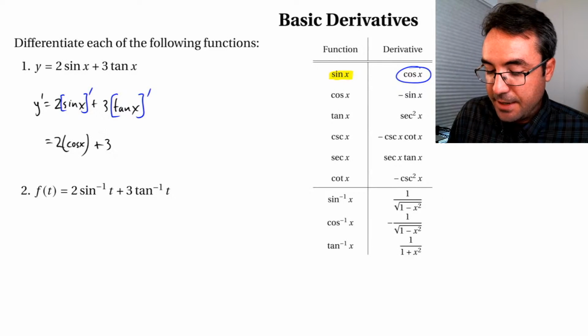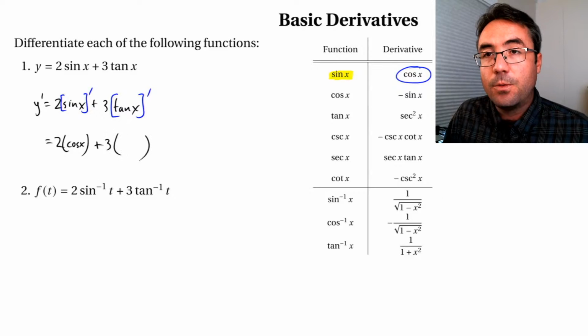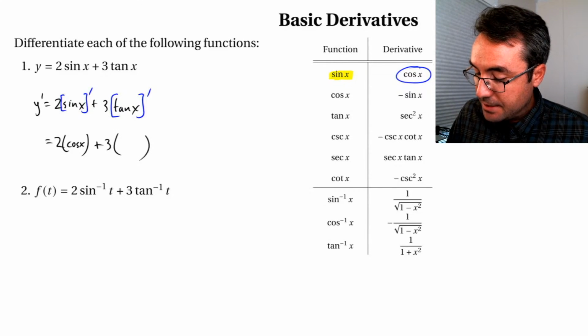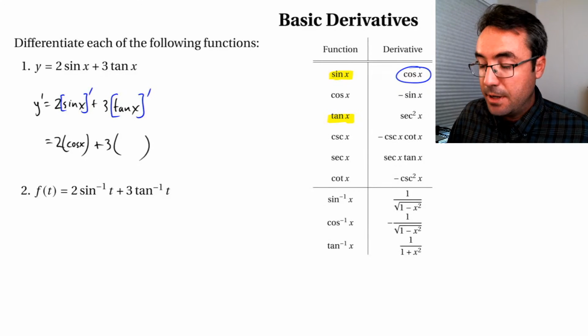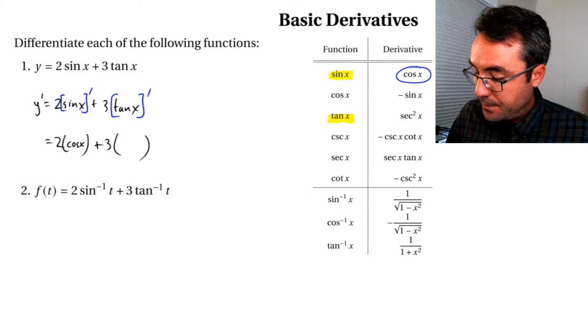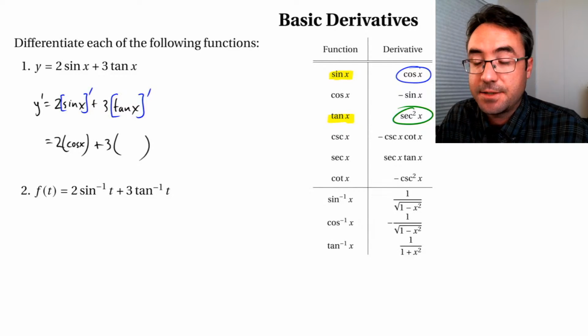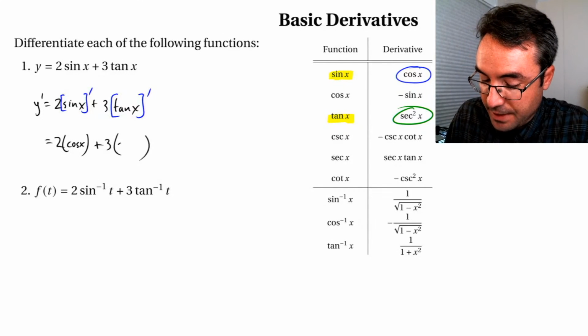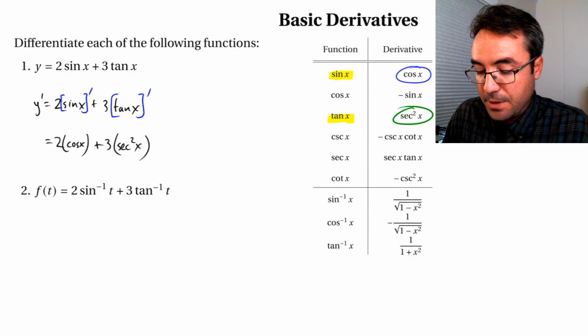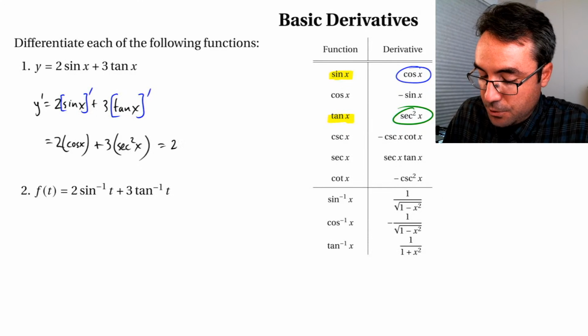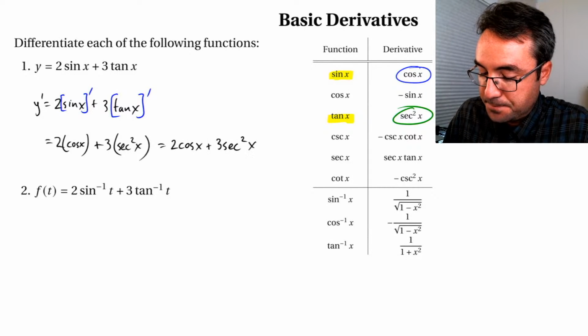Then we have our plus sign, and then 3, and then we want to know what the derivative of tan x is. We look it up, and we see that the derivative of tangent is secant squared x. So we just fill that in. The derivative here ends up being 2 cosine x plus 3 secant squared x.